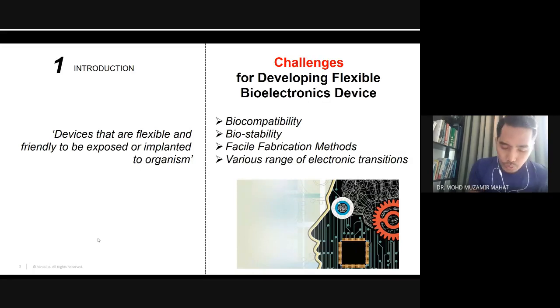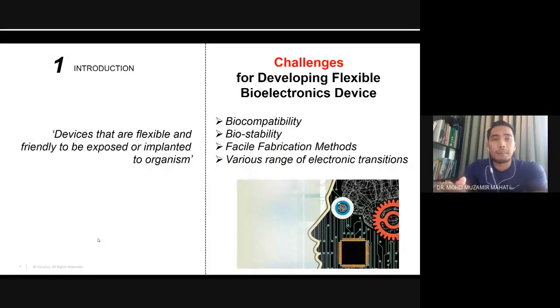So we also call these biomaterials, but biomaterials are not necessarily electronic devices. So it could be anything. But in here we are covering both electronic devices and biomaterials as well. There are many challenges that we face along the way to develop the flexible bioelectronic devices.